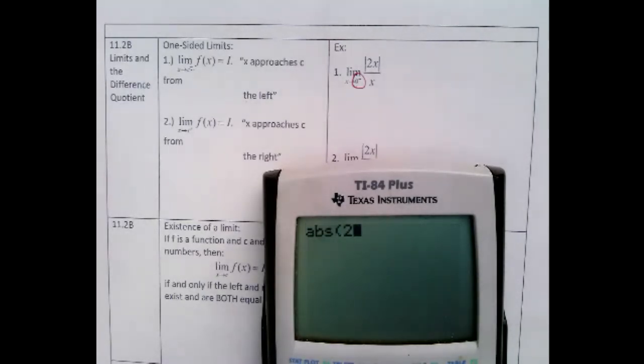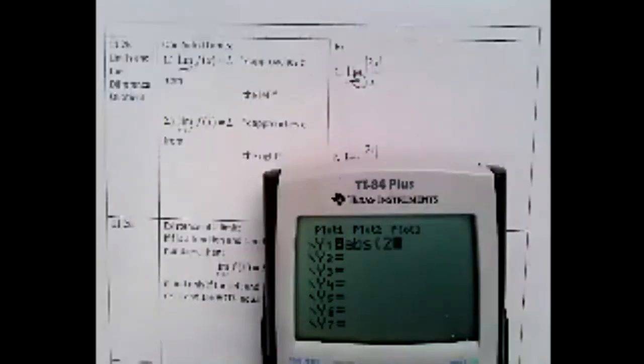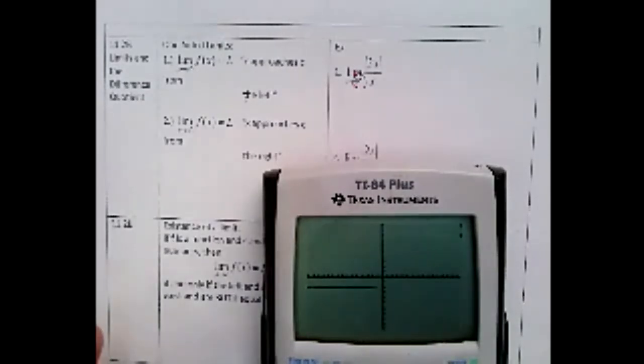Okay, 2x, parenthesis, then I'm just going to do divided by x. So the absolute value of 2x divided by x. All right, I'm going to graph it.